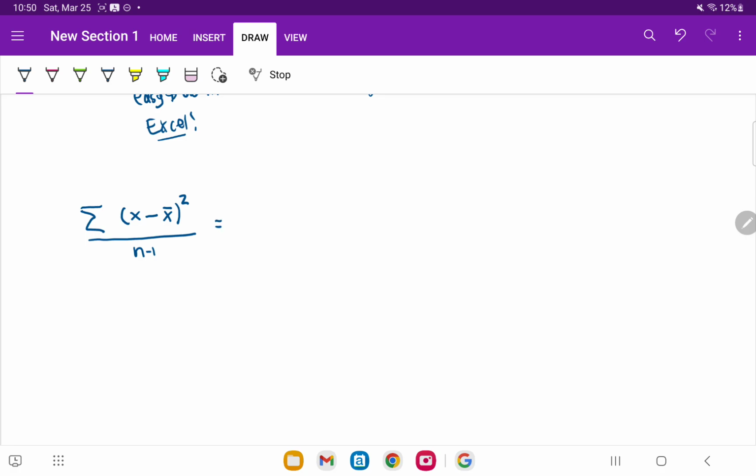If I FOIL out the x minus x bar squared, remember FOIL from algebra? This gives you x squared minus 2 times x times the mean plus the mean squared, all divided by n minus 1.